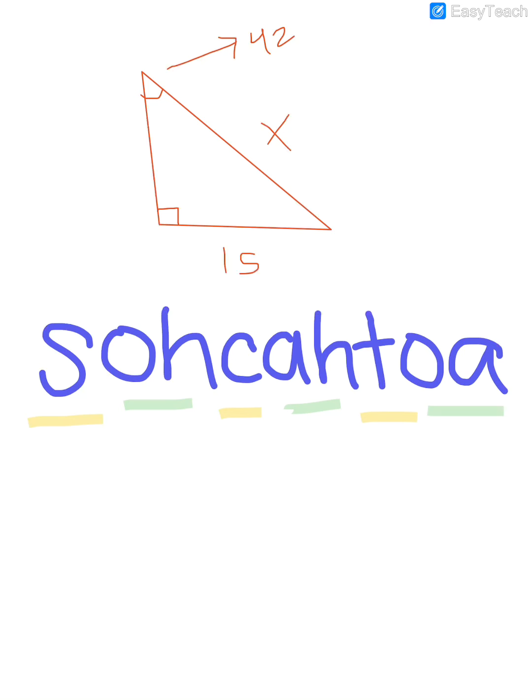So let's start off with the sine, and then you look at the angle that's given, which is 42 degrees. Up here, and then you see, is the opposite side length given? Yes, it is. Is our hypotenuse given? Yes, it is.